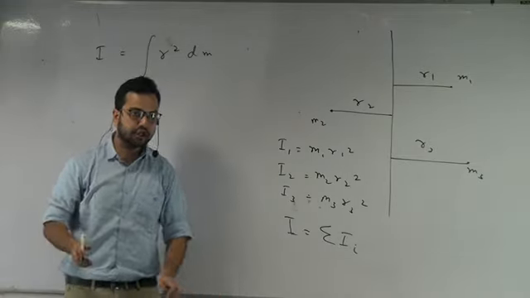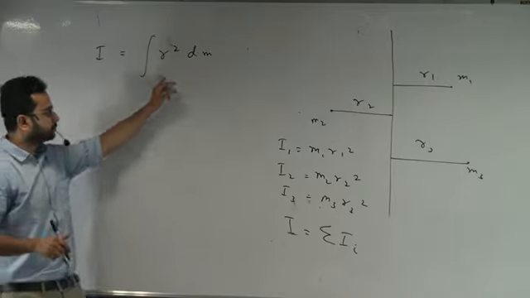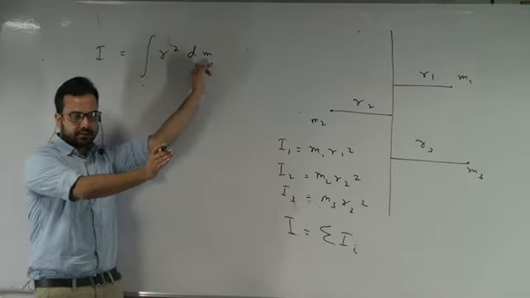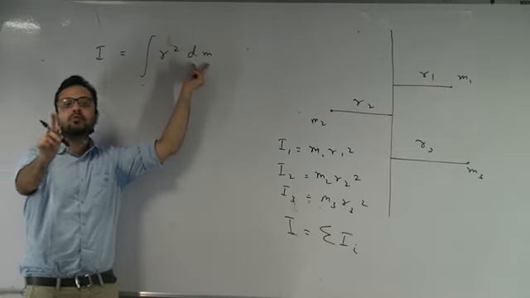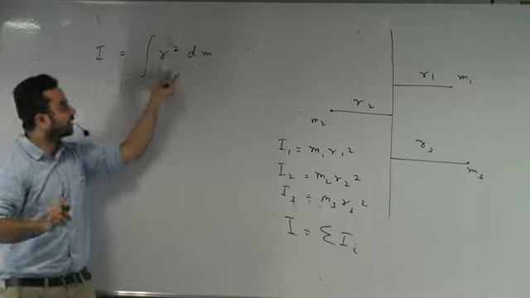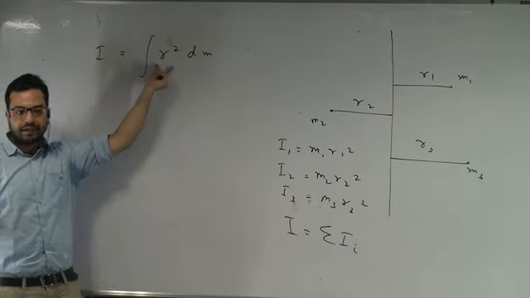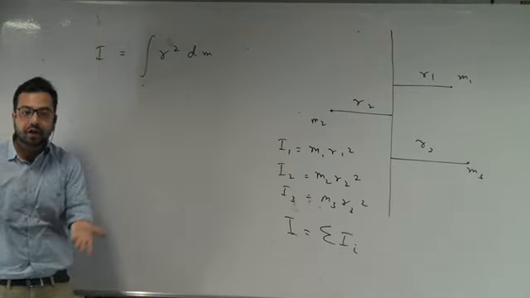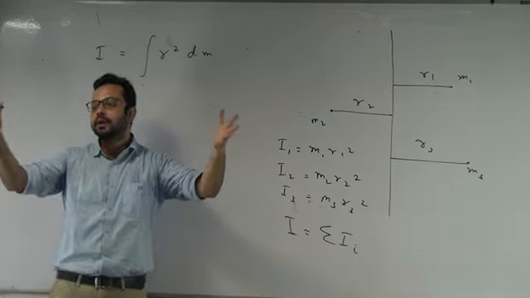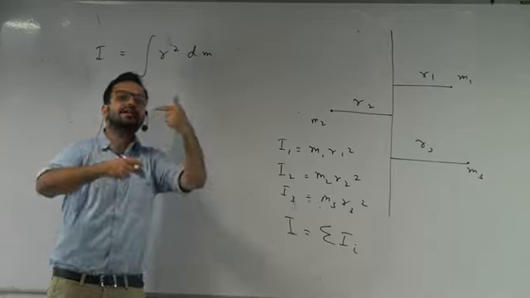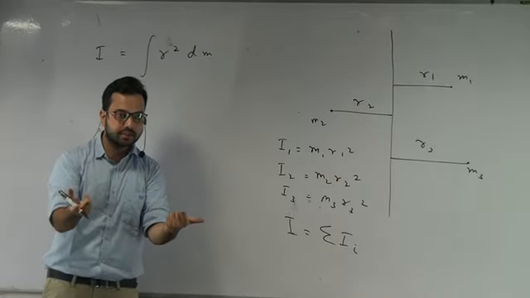Is that correct? Okay. So if we break the masses into very small masses, and this comes out to be a point mass, then we can find the perpendicular distance, do the integral, and find the answer. Or it may also happen that when we break a bigger mass into smaller masses, that small mass could also be a continuous mass.